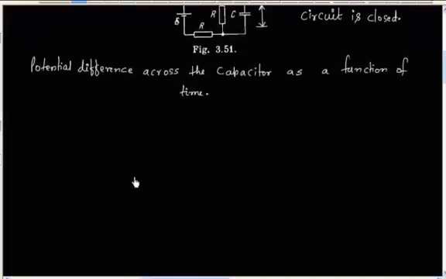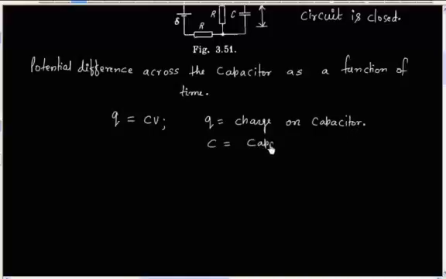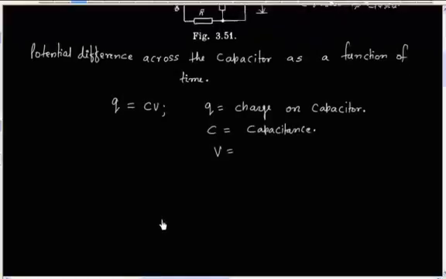Now you may remember the formula Q equals CV, where Q is the charge on the capacitor, C is the capacitance, and V is the potential difference across the capacitor.